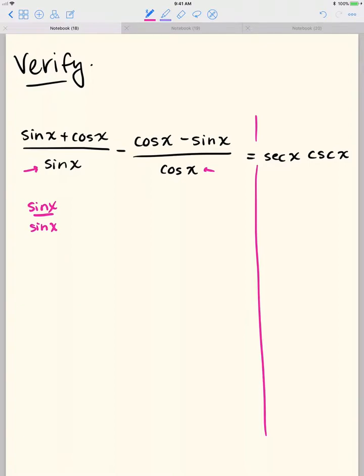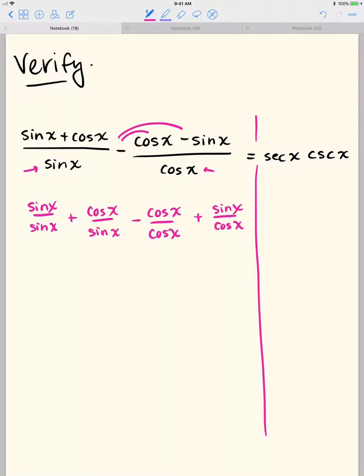So if I put sine over sine plus cosine over sine, minus, so we're subtracting each of these, so minus cosine over cosine plus sine over cosine.